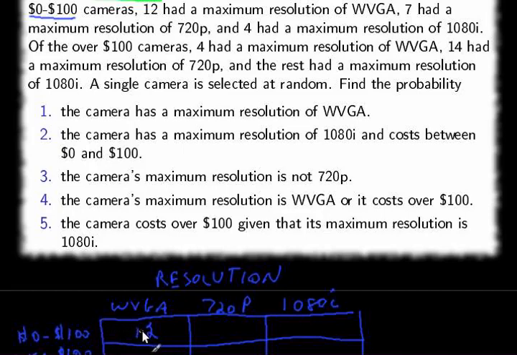So that belongs here in the box where we have WVGA in the column and 0 to 100 in the row. 7 had a maximum resolution of 720p and a price of $0 to $100. And finally we have 4 of the $0 to $100 cameras with a maximum resolution of 1080i.